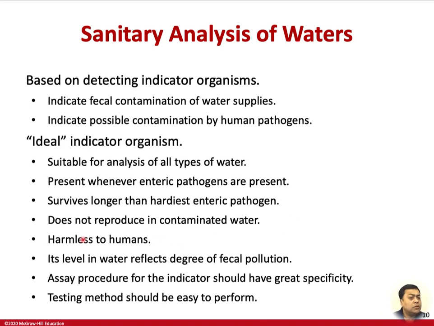It is harmless to humans, and its level in water reflects the degree of fecal pollution or contamination. This is very, very important. And the assay procedure for indicators should have great specificity, and the testing method should be easy to perform as well. So this is basically the rule for how we look for contamination in the water, and we'll explain that in a second.